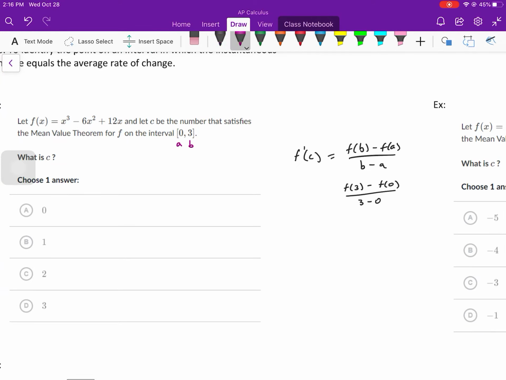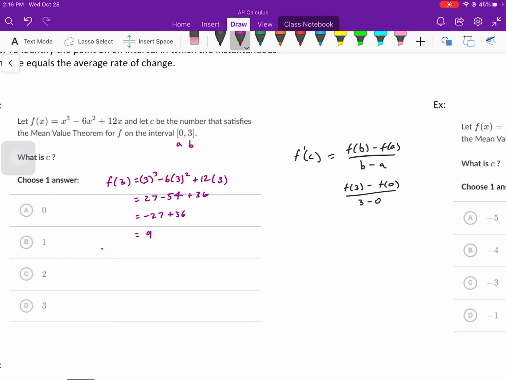So what is f of 3? Well, we have our function up here. We just plug in a 3. And you'll get 27 minus 54 plus 36. Negative 27 plus 36. It's going to be 9.